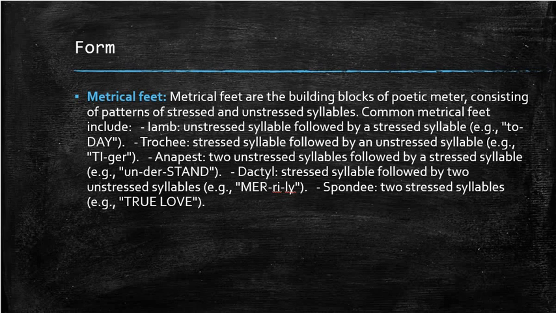Spondee, two stressed syllables, such as true love, true love. So each foot has a certain sequence of stressed and unstressed syllables, as shown. The iamb is an unstressed syllable followed by a stressed syllable, and so on, as has just been mentioned and is demonstrated.